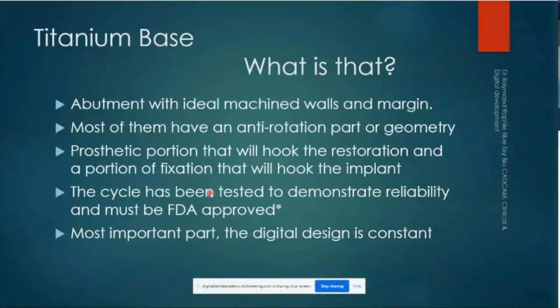So all the prosthetic abutment where the restoration will sit. And the other part of the titanium base will be from the margin to the fixture of the implant. So basically the titanium base will be precise for each implant that you use. It will have the connection of your implant, then a perfect margin, and then all the prosthetic part.